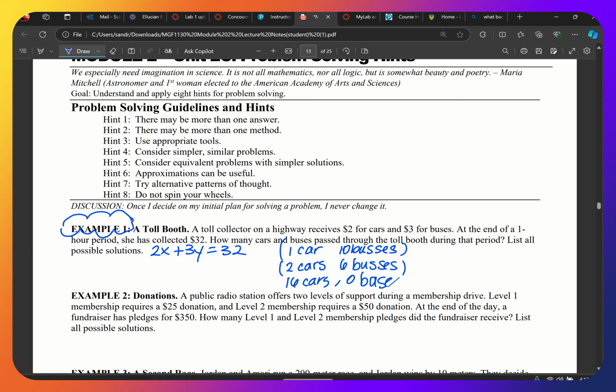You can't have the other way around though, because it's a fraction. What if I had 4 cars? How many buses would I have? So 32 minus 8.